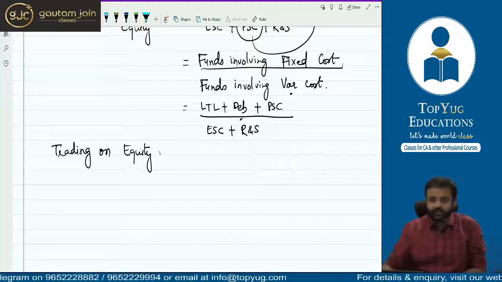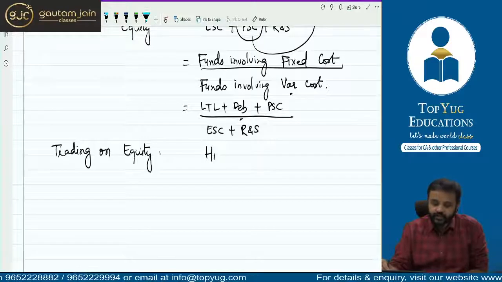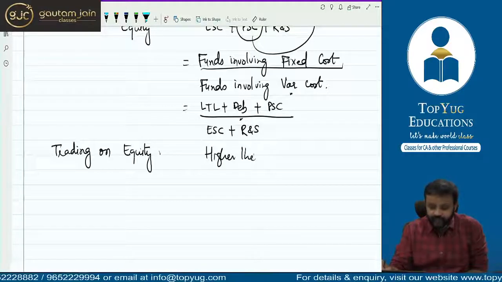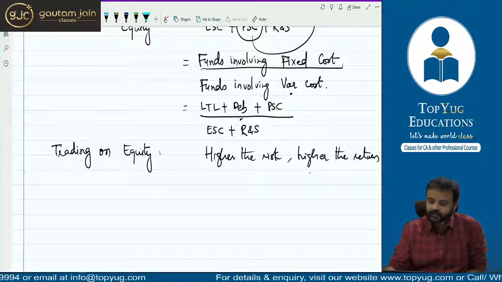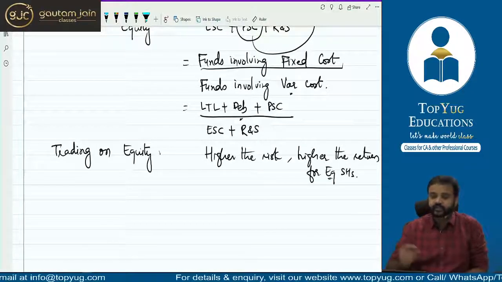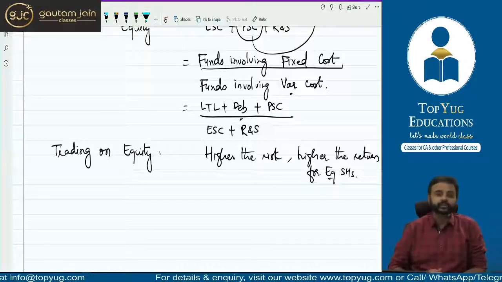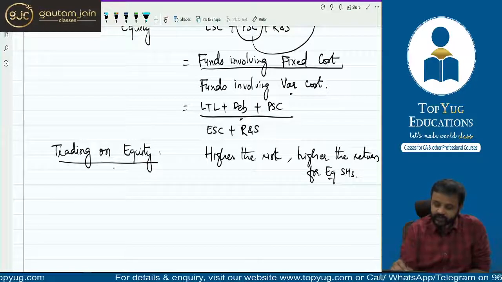Yes. So the fundamental idea of trading on equity is: higher the risk, higher the return. Higher the return for whom? Higher the return for equity shareholders. So what is happening here? I repeat again. What is this trading on equity?